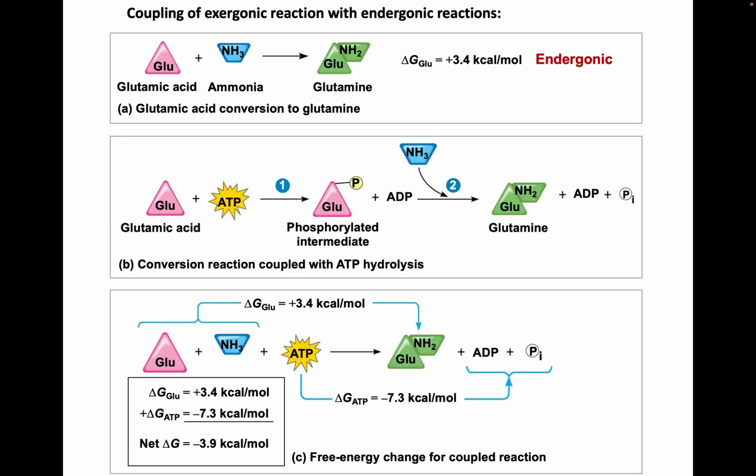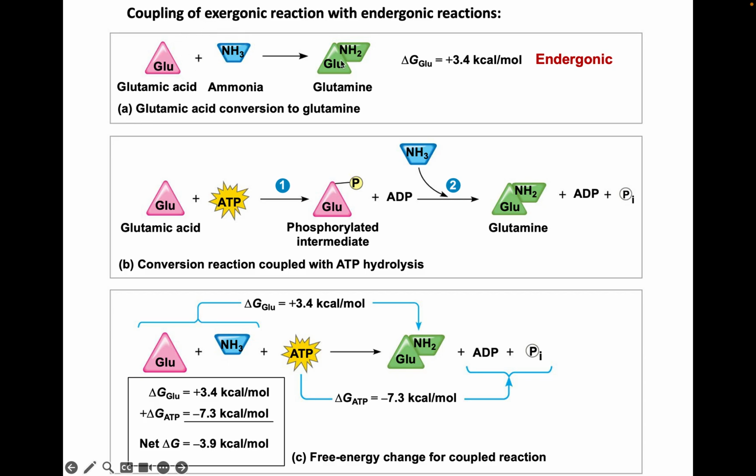I'll give you an example. Sometimes you have glutamic acid and ammonia that combine together to give glutamine, which is another important amino acid that you really require in your body. However, this has a positive delta G. It has 3.4 kilocalories. Hence, it's very endergonic because it's positive. So the glutamine has much more energy than glutamic acid and ammonia. Remember, delta G is measured by the G from your products minus the ones from your reactants.